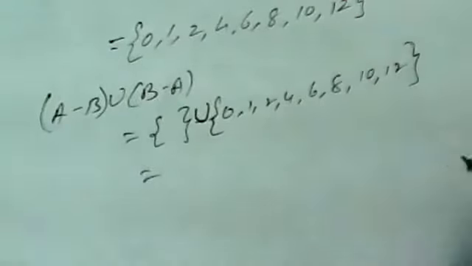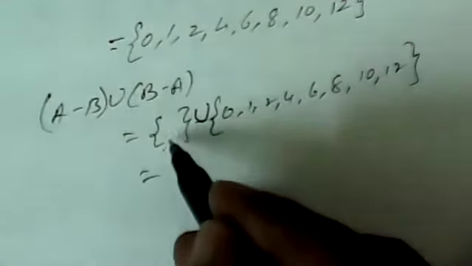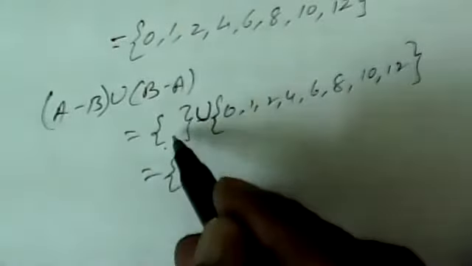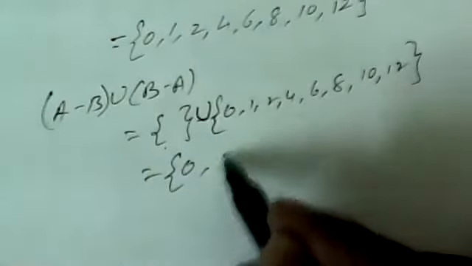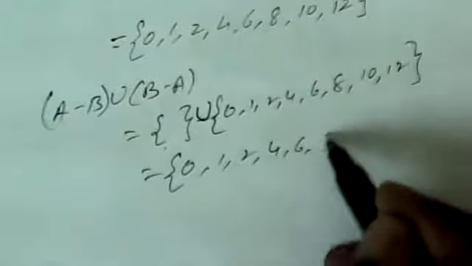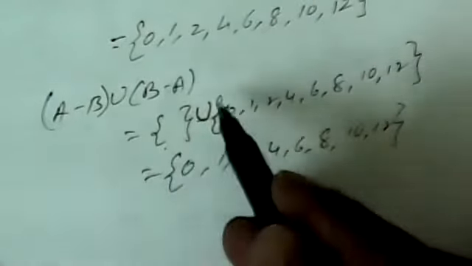If you take the empty set with this, again you get all the elements that are in this set and this set. So nothing is there, don't write anything. Now we list out these elements: 0, 1, 2, 4, 6, 8, 10, 12. So this is what we have, A minus B union B minus A.